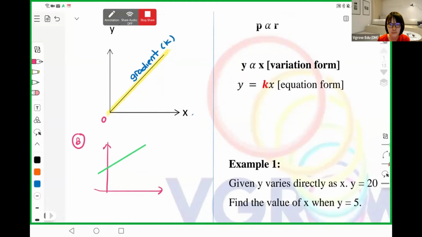The graph at the bottom is not a direct variation because the line is not passing through the origin. So direct variation, the straight line must pass through the origin. That is the only condition.